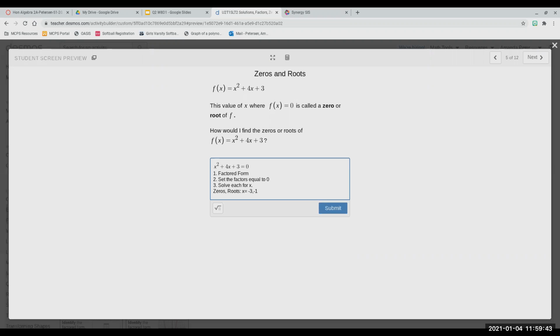If you wanted to go through the process again, you can, but notice it's the same as the solutions. So like I said, no new math. We're just solving for x, and whatever we get as the solutions, -3 and -1, those are the zeros or the roots.